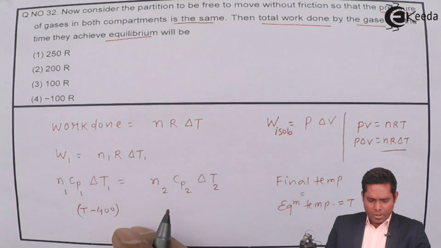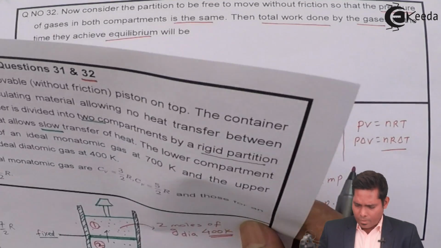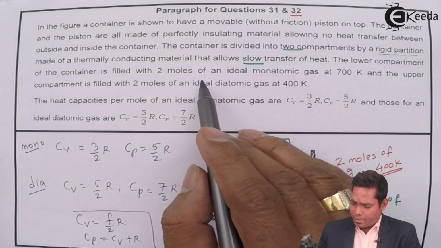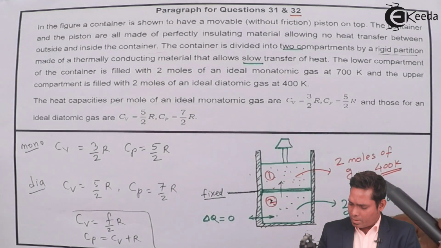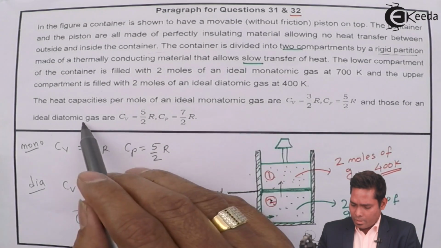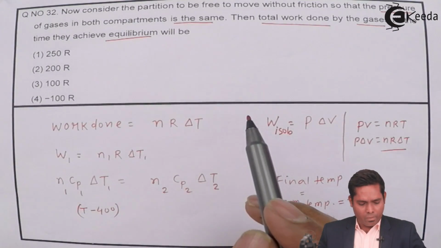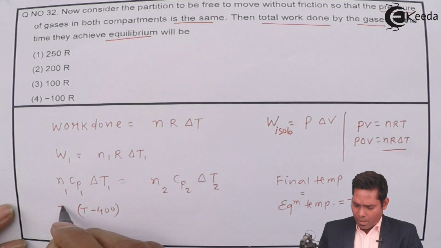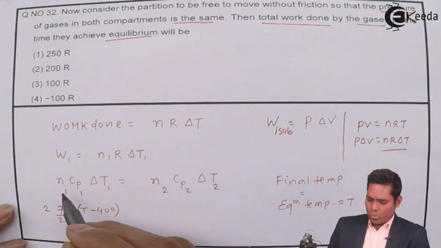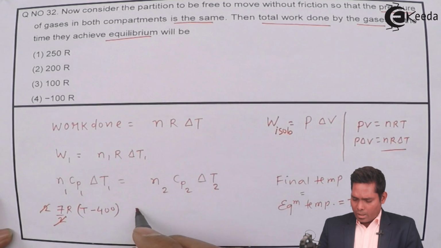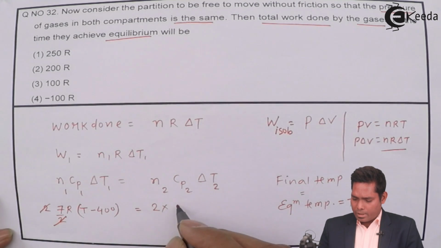Cp for the upper compartment, which is diatomic gas, is 7/2 R. So I'll write 7/2 R into 2, because 2 moles are there, and here it is 2 moles again.